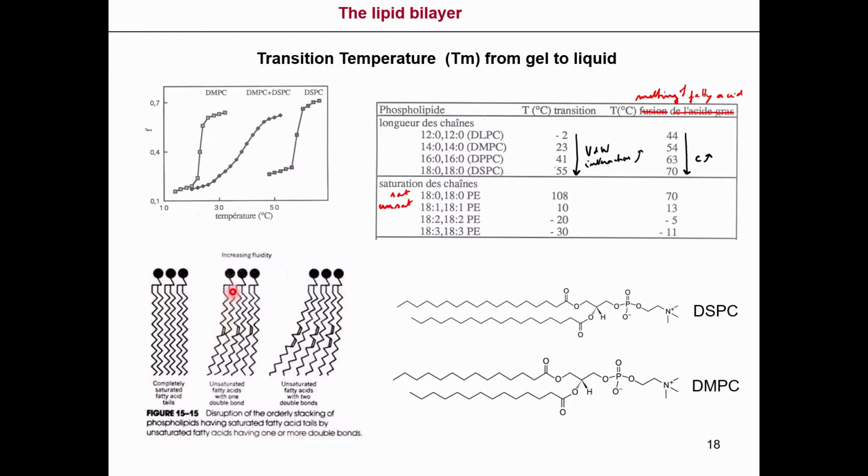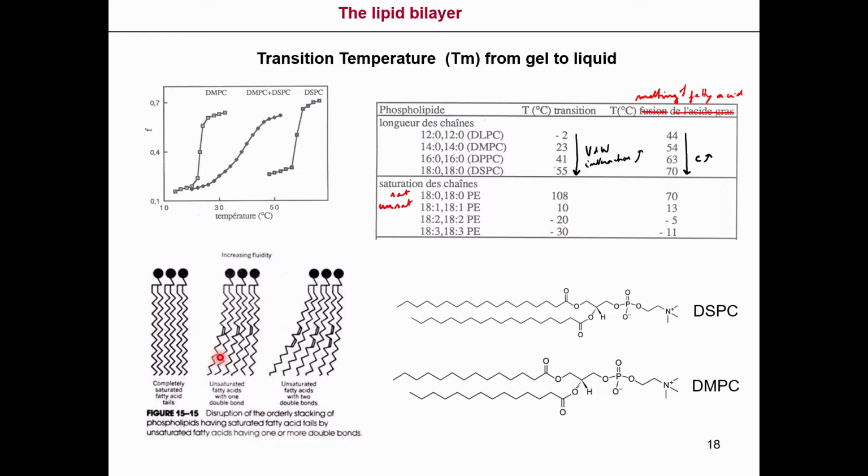But when you have a double bond, the shape of this tail is different, which means that the van der Waals interactions between the tails will be less important.